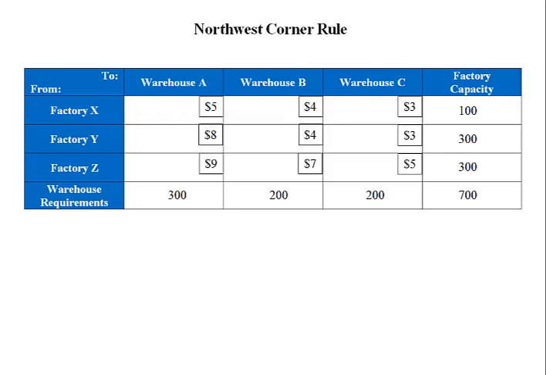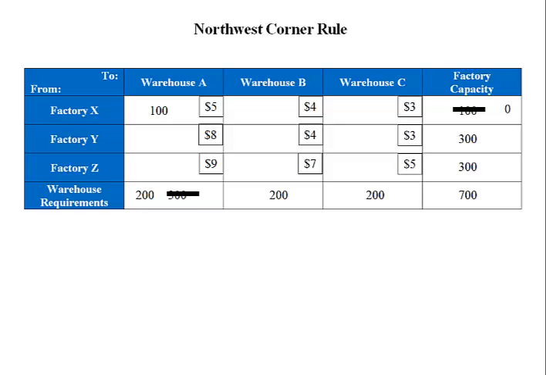So when we do that, we will supply 100 at $5, which will max out our capacity here, leaving us with 0 in this case from factory A, but also our warehouse requirements would be reduced by 100, which will make that 200.